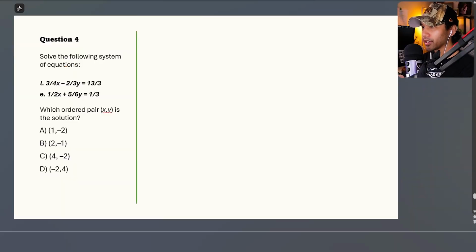Solve the following system of equations. We have 3/4 x minus 2/3 y equals 13/3. And then we have 1/2 x plus 5/6 y equals 1/3. Okay, we have to clear out the fraction first. Number 1, clear out the fraction.